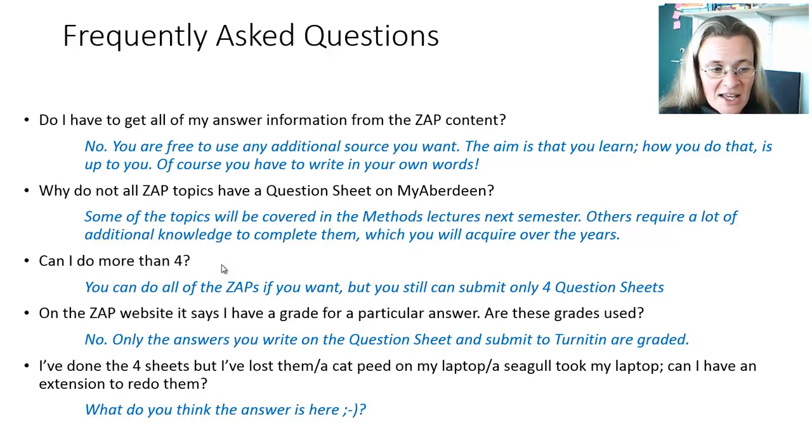Can I have an extension to redo them? No, you can't. With all of this, because you've got such a long deadline, it's about organizing your time, backing up your work, writing things out, printing things out, being organized about it. That's part of this assessment. It's like a skill for life, if you like.